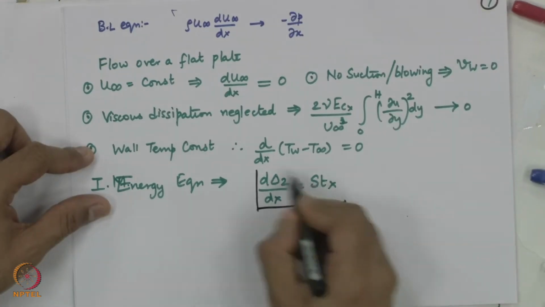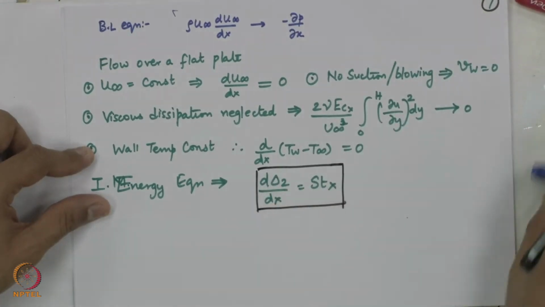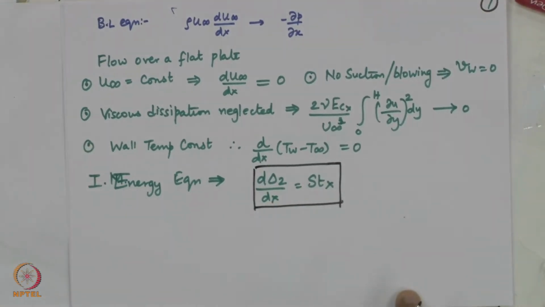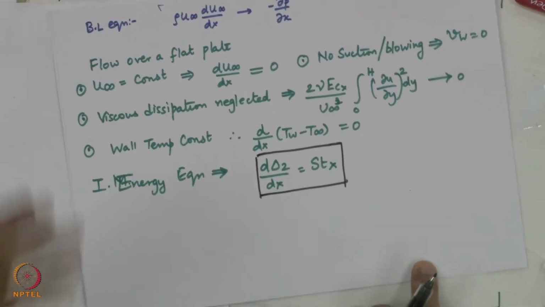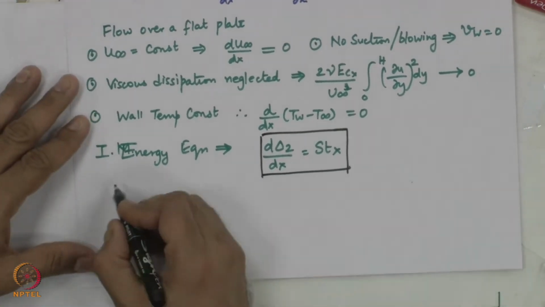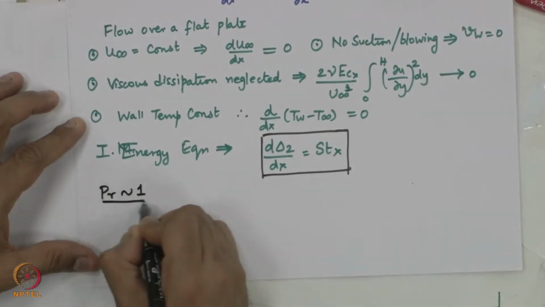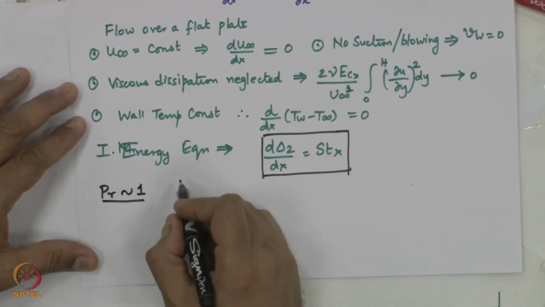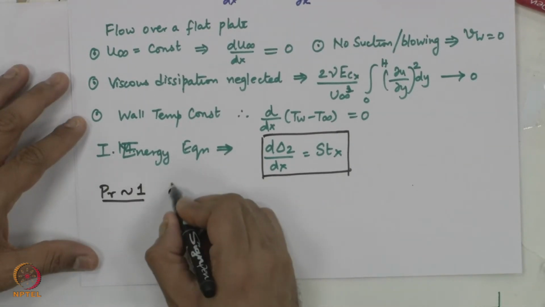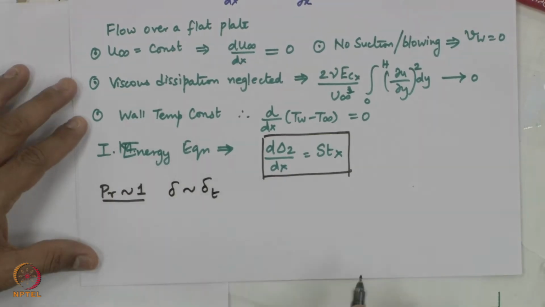After dropping all the other terms, this is my simplified integrated energy equation. So, let us consider the case for Prandtl number approximately equal to 1. That means delta is of the same order as delta t.